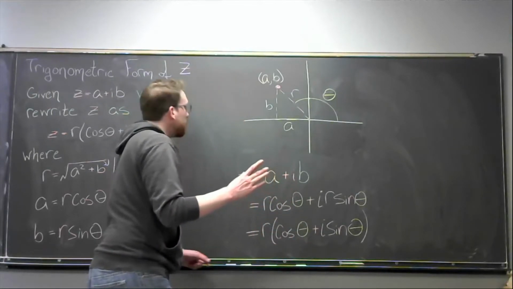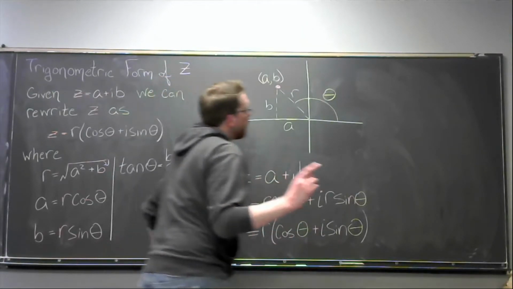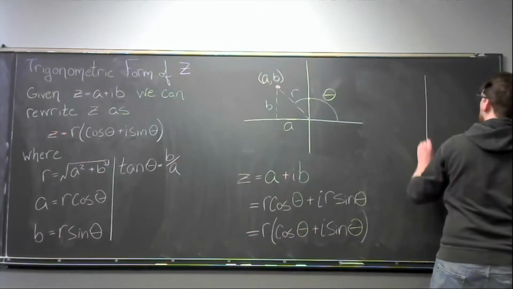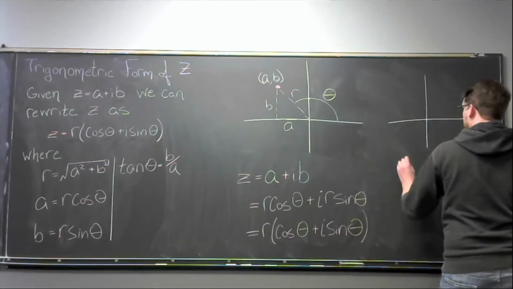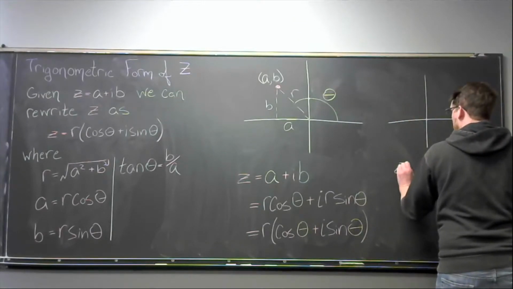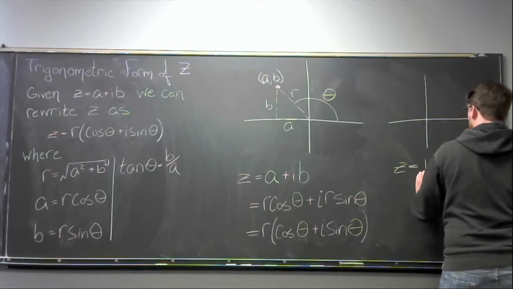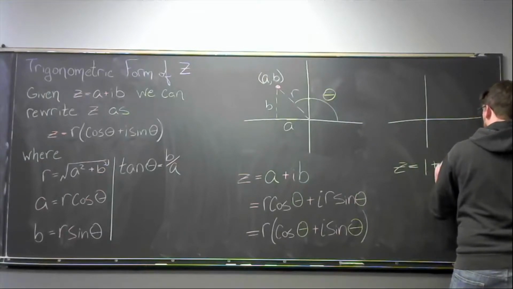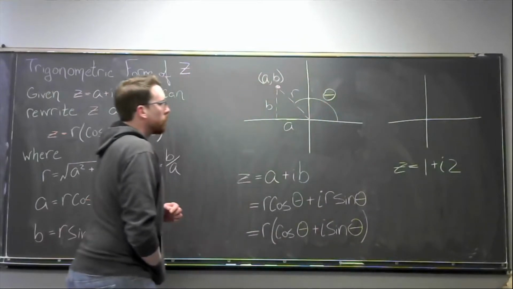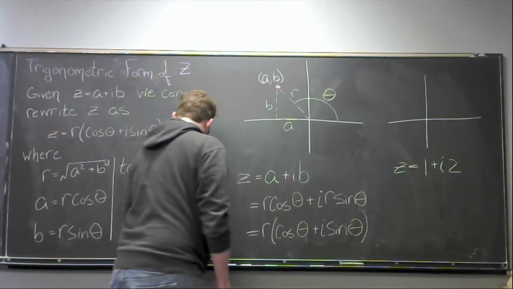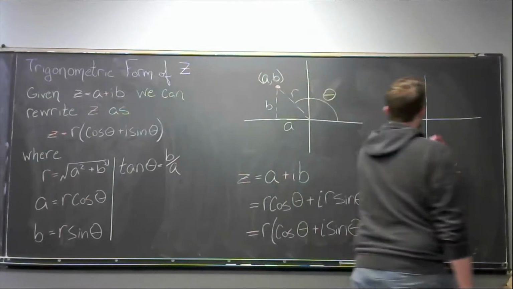So, for example, let's say we're given the complex number z is equal to 1 plus 2i. To plot that, it would be somewhere up here.